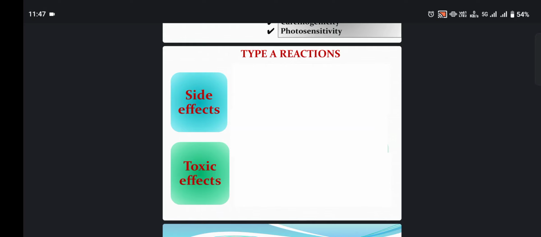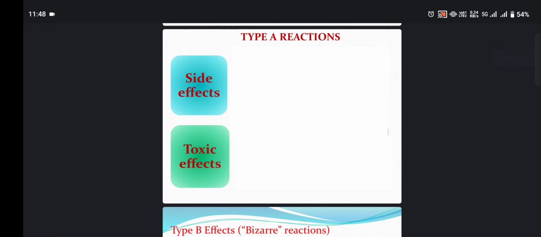For example, if a patient is administered warfarin and later develops excessive bleeding, that is one example. Another: a diabetic patient who is used to taking insulin, on some occasion after being administered insulin, develops hypoglycemia. These are two examples of type A adverse reactions.